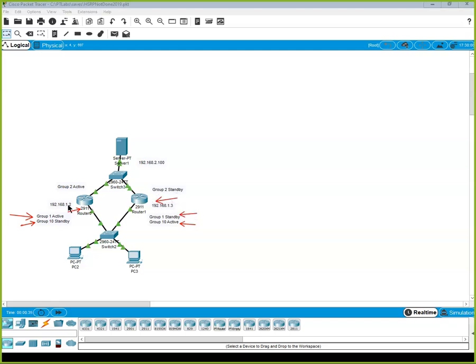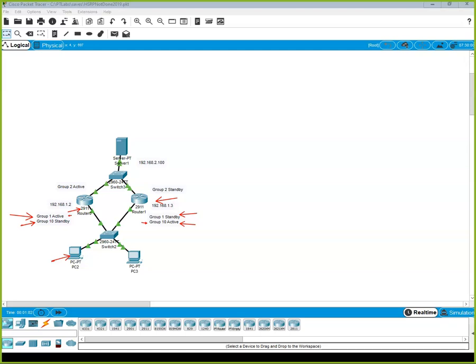We still have our redundancy configured, but now about half of our IP addresses would go to group 1 as the default gateway, and about half of our IP addresses would go to group 10 as the default gateway. That way we don't have one that's just hanging around waiting for a failure to take place.